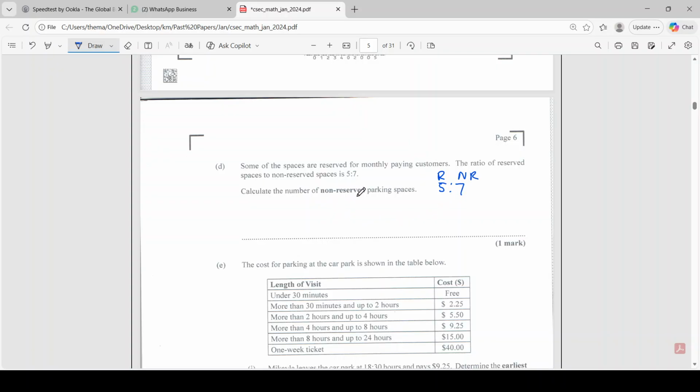They want the number of non-reserved spaces. So non-reserved is represented by 7 out of the total, 7 plus 5 is 12, and we multiply that by the total amount of spaces, which is 1020. That gives me the total number of non-reserved parking spaces, 595 spaces.